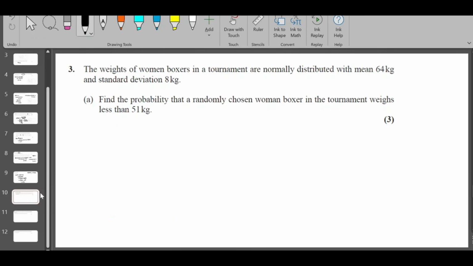This is from normal distribution now. The weights of women boxers in a tournament are normally distributed with mean 64, standard deviation 8. So the weight, we write it as follows: mu comma sigma square. Part A now. Find the probability that a randomly chosen woman boxer in the tournament weighs less than 51.